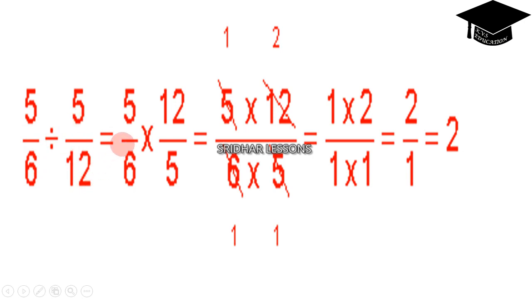This can be rewritten as 5 by 6 into 12 by 5. 6 cancels 12, 2 times, and 5 cancels each other. So it is 1 into 2 by 1 into 1, that is 2 by 1, which is equal to 2.